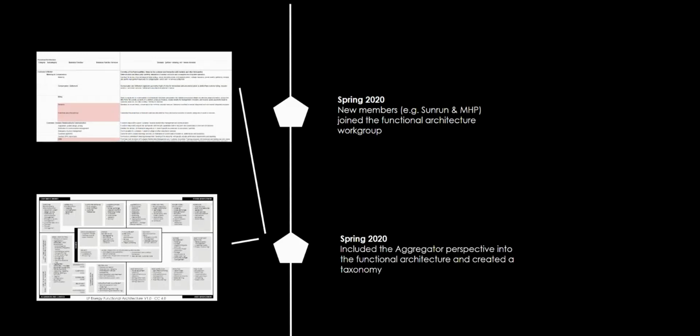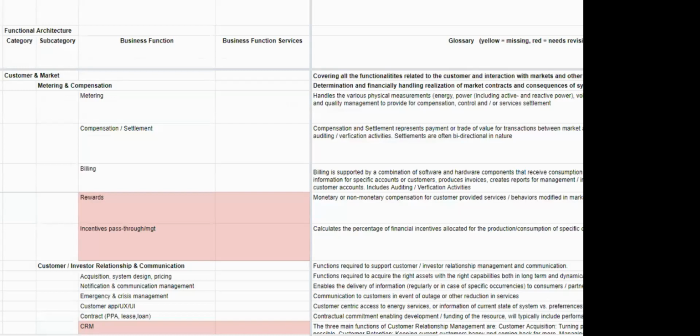You could really see it as a glossary of the functional architecture that helps to define a common understanding of each of the objects and functions in the functional architecture. And this really helped in discussing what we meant and creating common understanding.